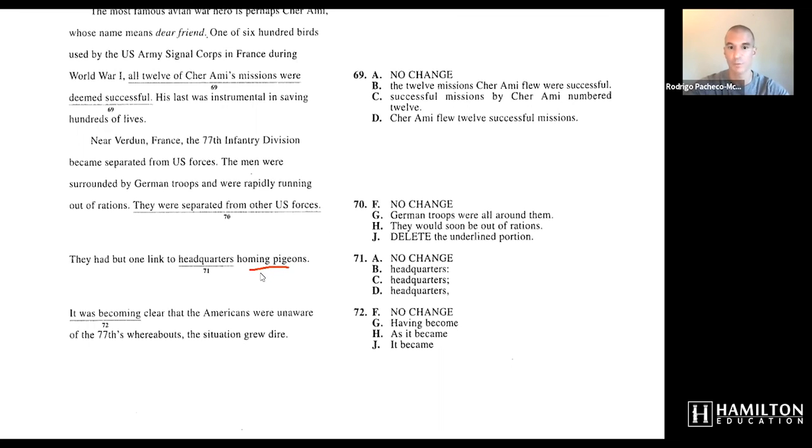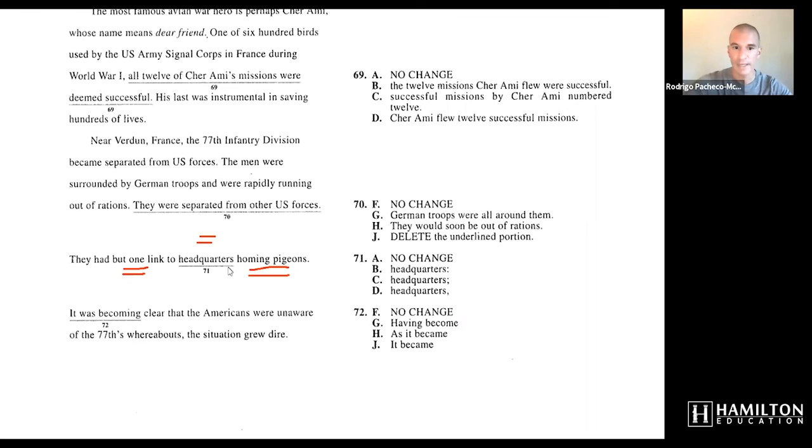There's an equivalence between what we find on this side of the sentence and this side of the sentence. And this is going to be relevant as we look through the answer choices. The one link equals the homing pigeons.